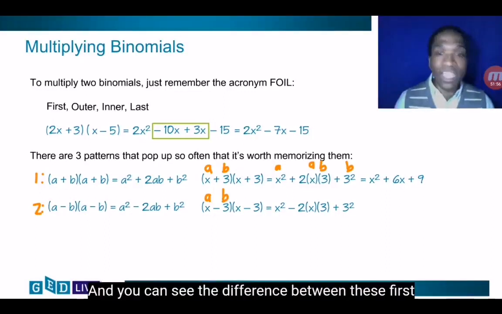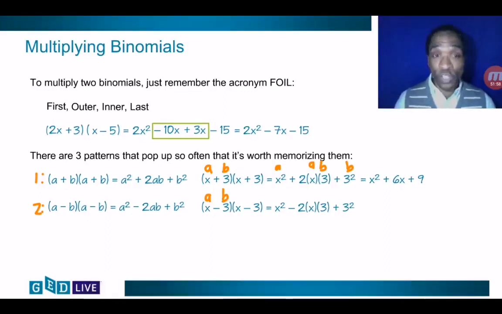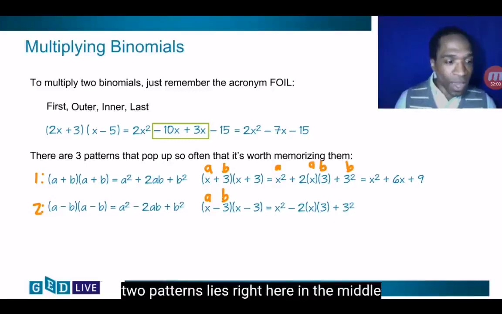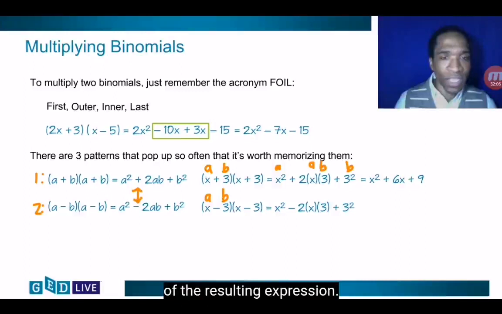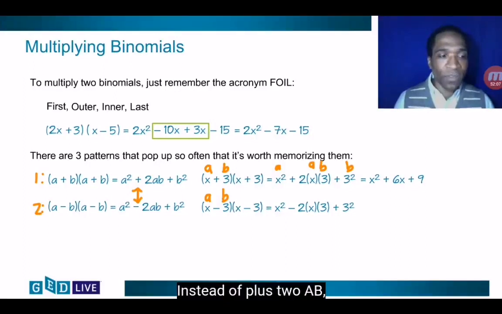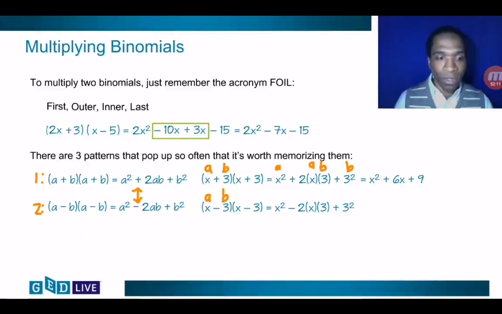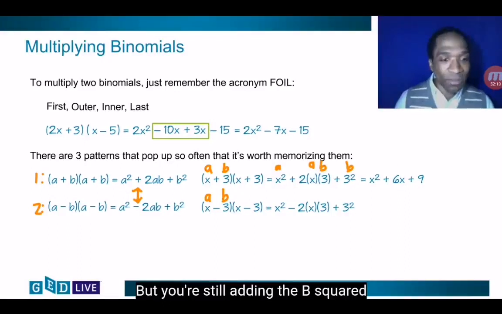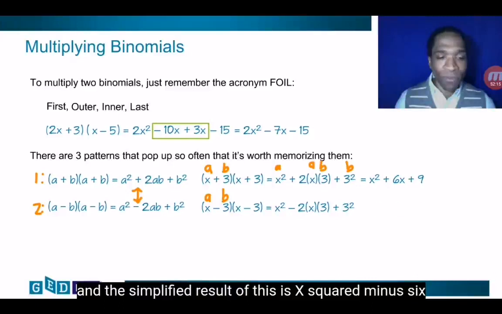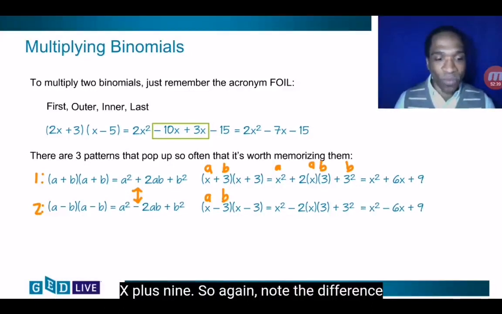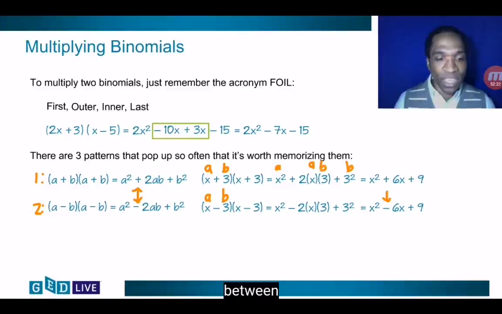And you can see the difference between these first 2 patterns lies right here in the middle of the resulting expression. Instead of plus 2ab, in this case, it's minus 2ab. But you're still adding the b squared. And the simplified result of this is x squared minus 6x plus 9. So again, note the difference between these 2.